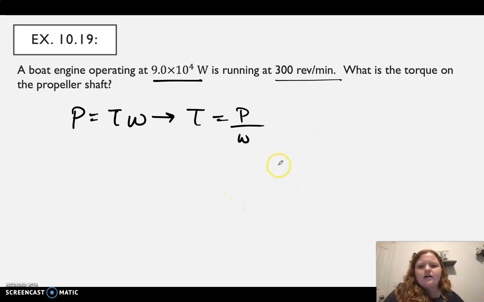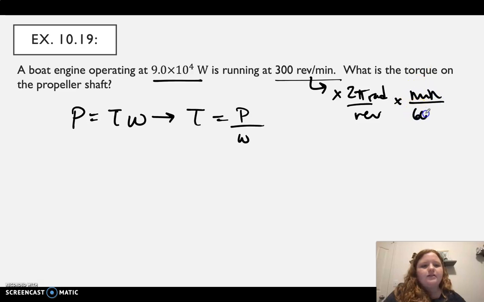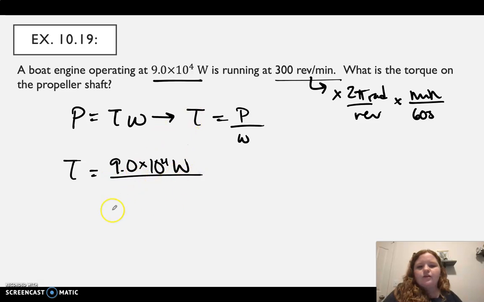And we will need to convert this, so 2 pi rad over revolution times 1 minute over 60 seconds, okay? So then tau is going to be 9.0 times 10 to the 4th watts over that 300 times 2 pi over 60, and that'll be in radians per second.